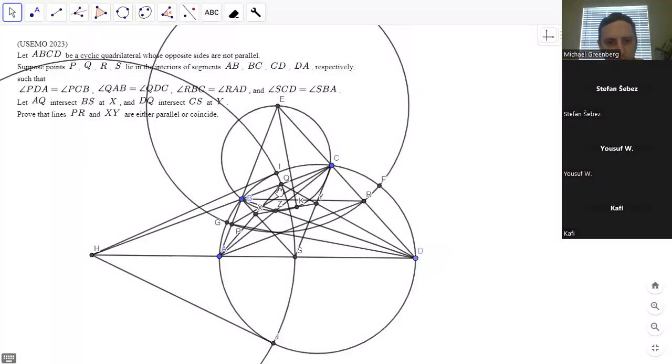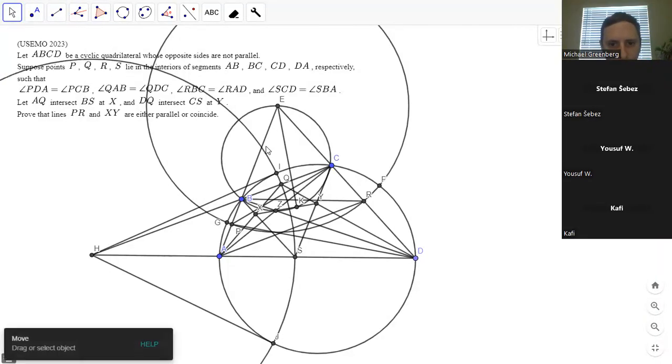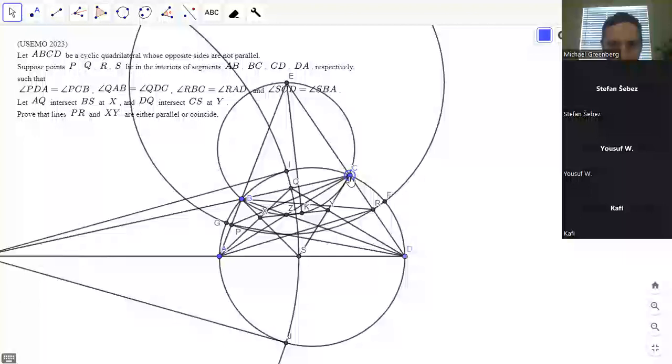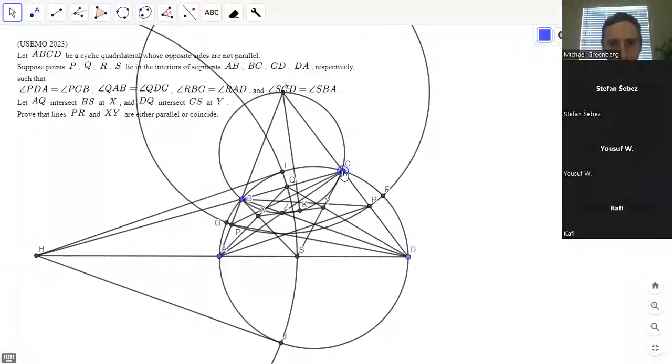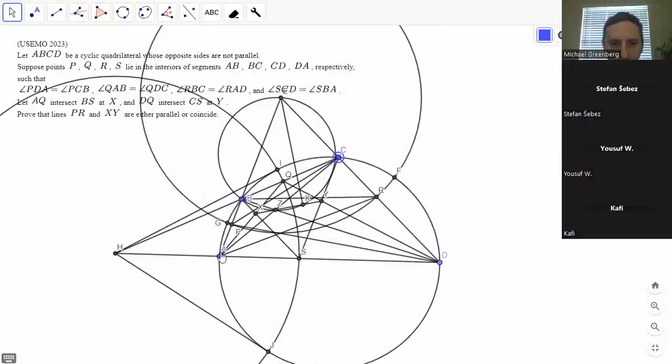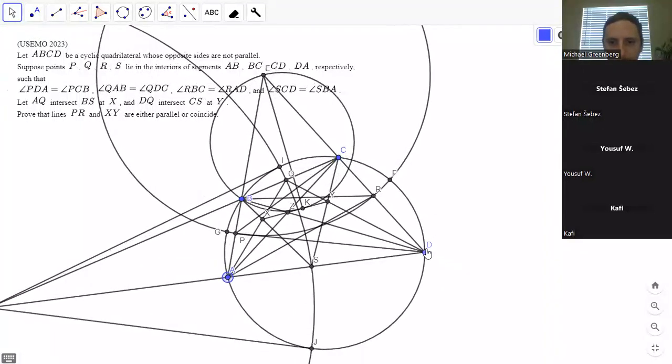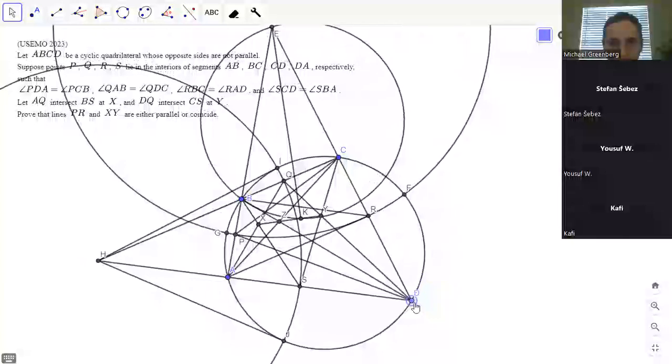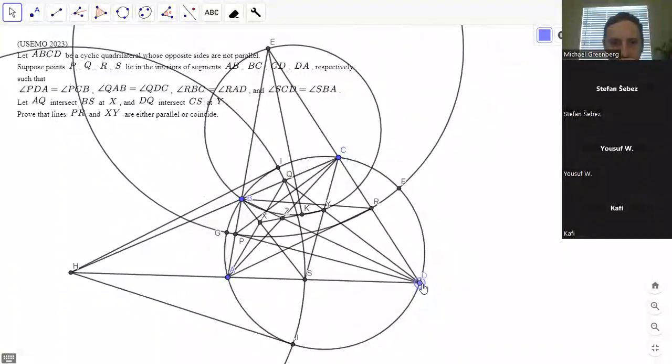Then we must have that EZ is the diameter, but also then we would have that ABD and ACD are 90 degrees. Oh, okay. So it's just because of how I drew this that it looks true. It's not actually true.